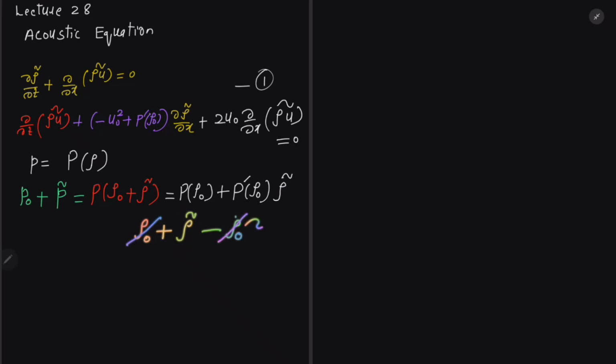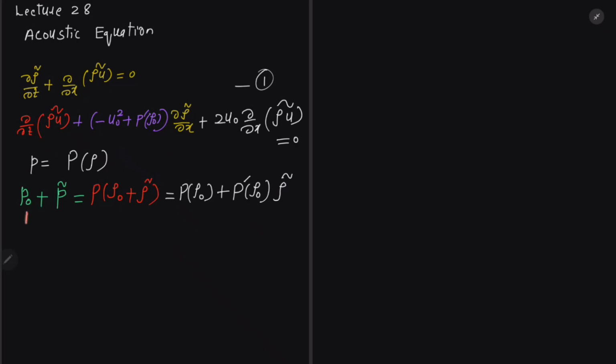These two will cancel out and you get rho tilde. Since we know that P is equal to capital P of rho, if it is rho naught on the right-hand side, then this becomes P naught.